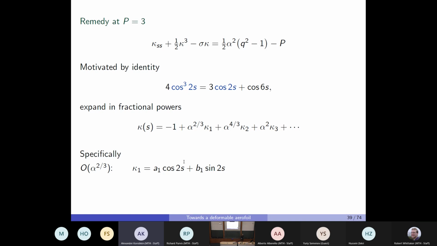So the summary is, when you get to order alpha squared, the cos 2s that was messing things up can be eliminated by choosing A1 and B1 carefully. So that's exactly what you do: you go to order alpha squared, and you get rid of these secular terms, which are problematic at this resonant pressure, by choosing A1 and B1 appropriately.